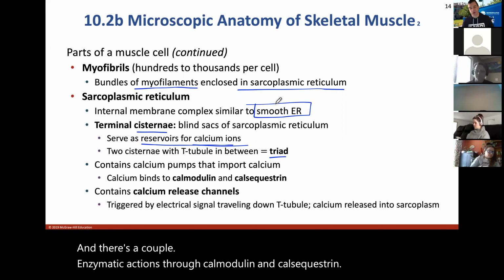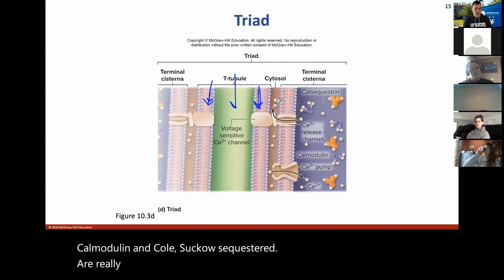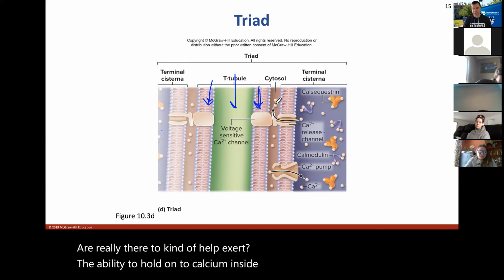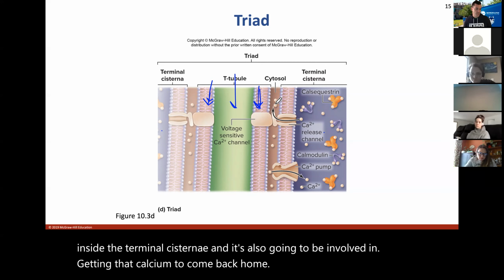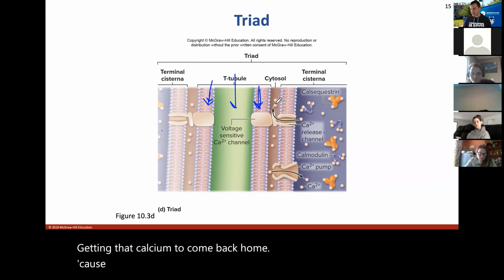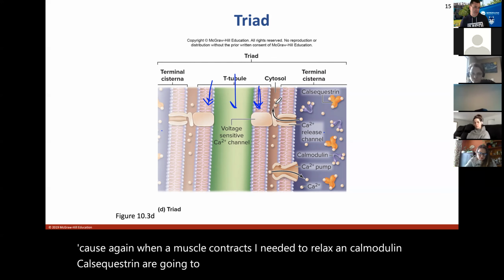Calmodulin and calsequestrin are really there to help exert the ability to hold on to calcium effectively, inside the terminal cisternae. And they're also going to be involved in getting that calcium to come back home. Because again, when a muscle contracts, I need it to relax. And calmodulin and calsequestrin are going to be helpful in that process.